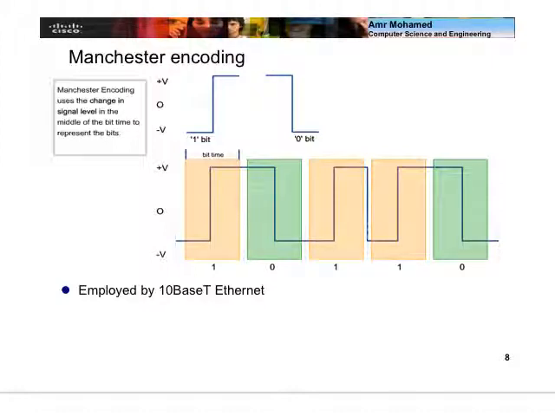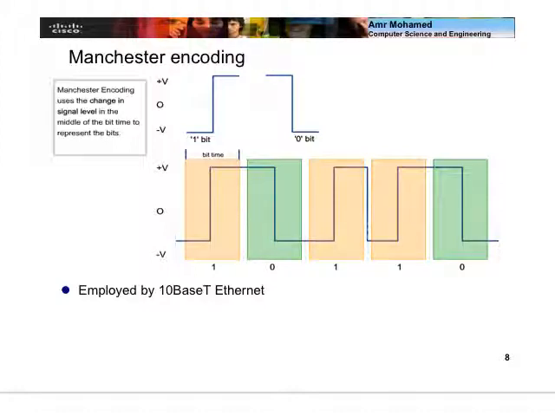Detecting the changes is much easier compared to detecting just an amplitude, because as we said, due to noise, the amplitude tends to shrink a little bit. So the 5 volt maybe becomes 3 volt or something like this, and the 0 volt may become 1 or 2. So the difference becomes a little bit vague.